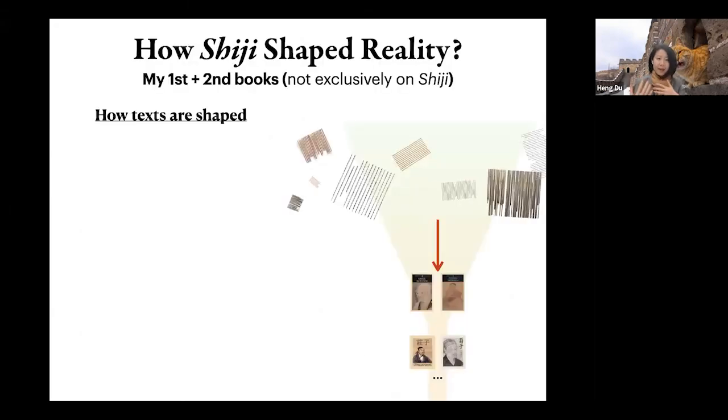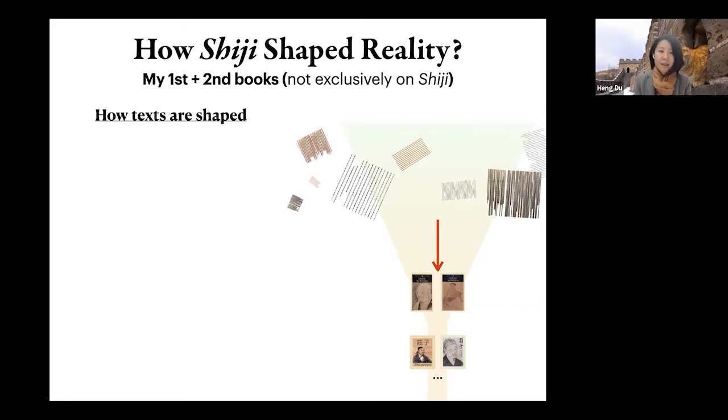And then something that I can't fully explain in detail here, but what I'm hoping to argue in both my first book and a subsequent book is that the Shiji is part of this discourse from the Warring States and early imperial period that's trying to reshape textual reality and intellectual reality.